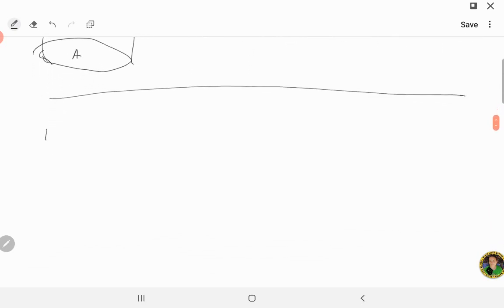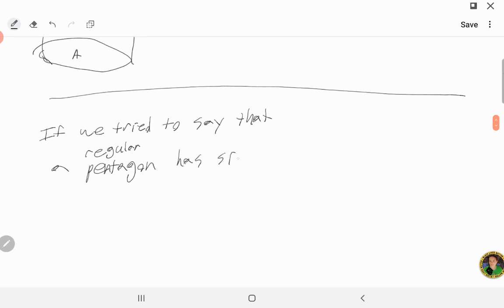If we tried to say that a regular pentagon has side length 10 centimeters and area of 60 square centimeters, this is false.